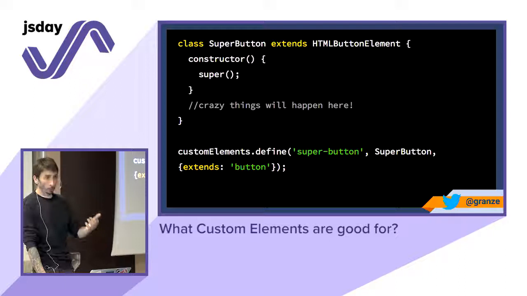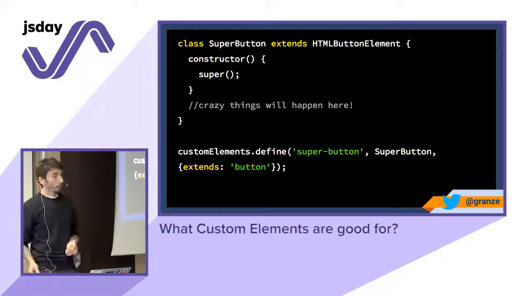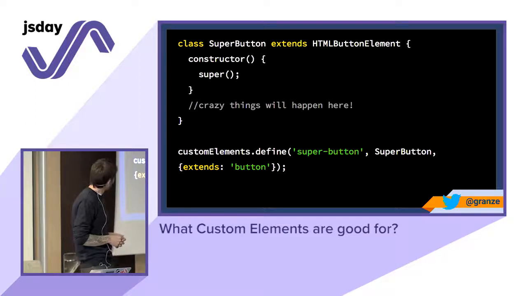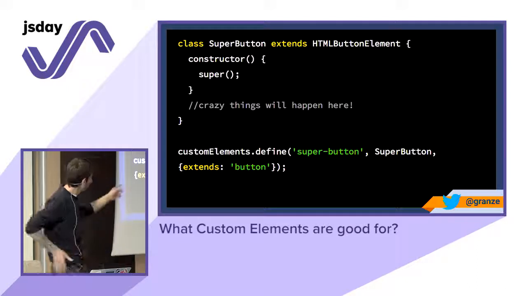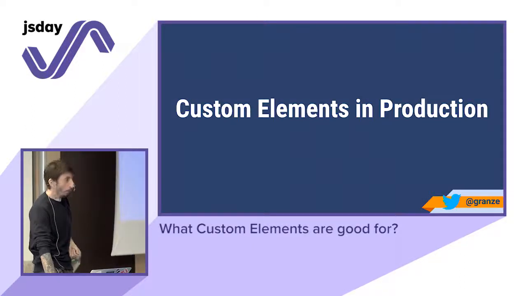And okay, it's not such a complex element, but if you extend it to create a super button, you get for free all the accessibility built into the button and stuff like that. The only thing you have to change in the definition is you have to say that you are extending a button tag.